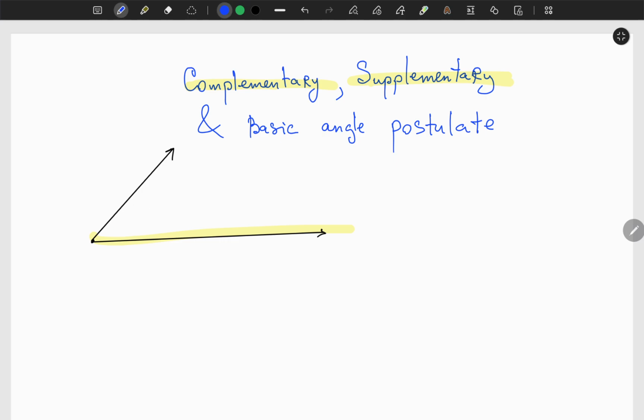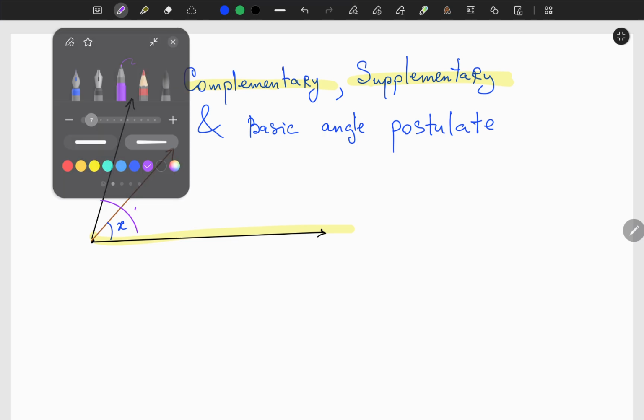Under that we get some angle, let it be angle x. And if we draw another ray somewhere here, we get another angle, let this angle be y.